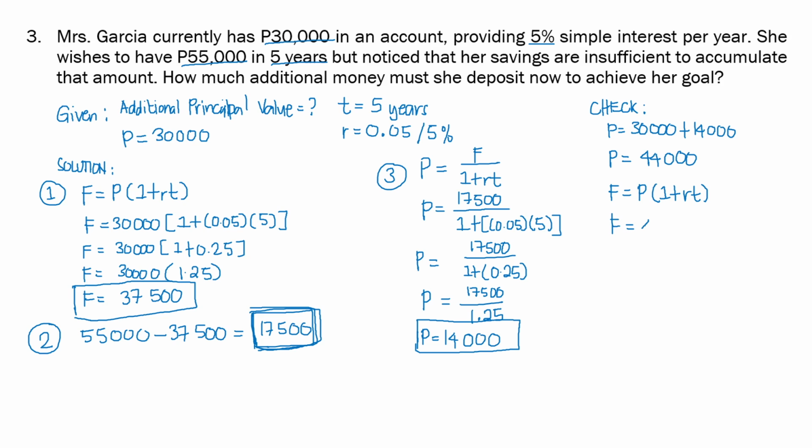Our principal value is 44,000, rate is 0.05, time of 5 years. 1 plus 0.05 times 5 is equals to 0.25.